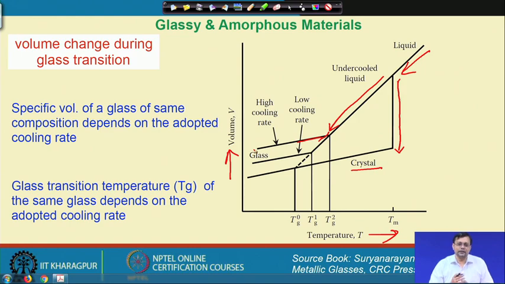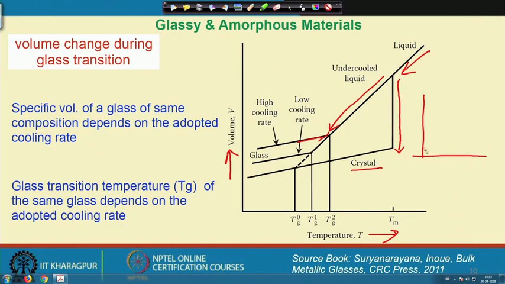Now, let us say I take a known composition and cool a metallic liquid differently. It means that I cool it fast, or I can cool it a little bit slow, but in both cases let us say the glass will form. What I want to mean, you can have a look here.